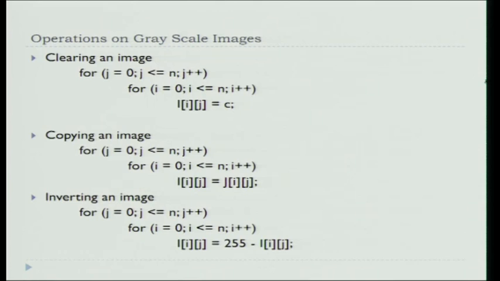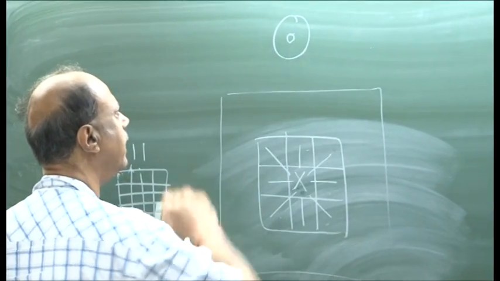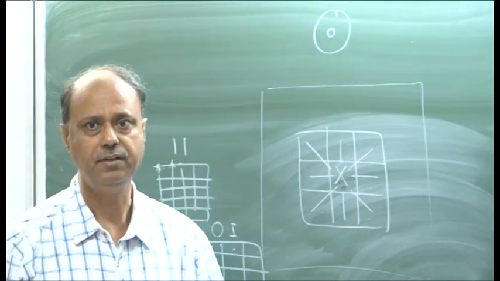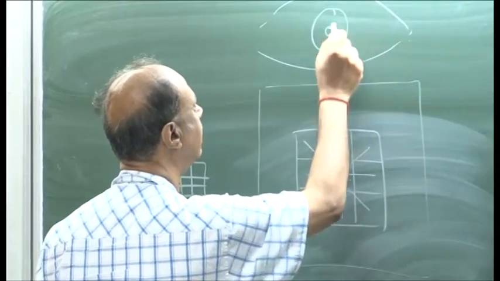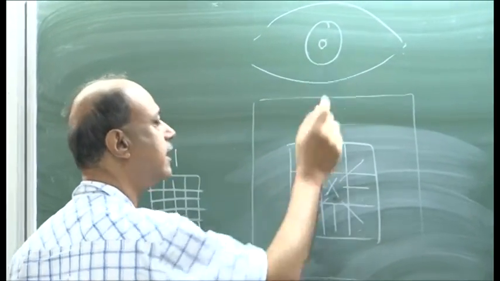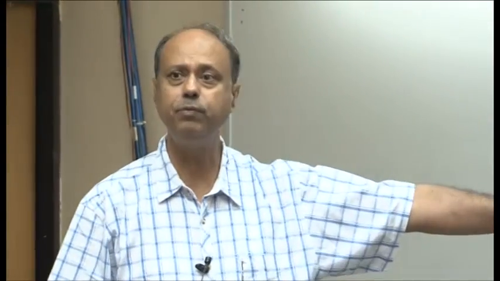For example, I want to see whether there exist some dots or not, right? Say for example, on your iris you have the black area, and inside there is a small, very dark area. In your iris image, this is your eye, and this is the dark area, and inside that there is a very small dark area. I want to get that small dark area. If I negate it, 255 minus this value, this will become very white.